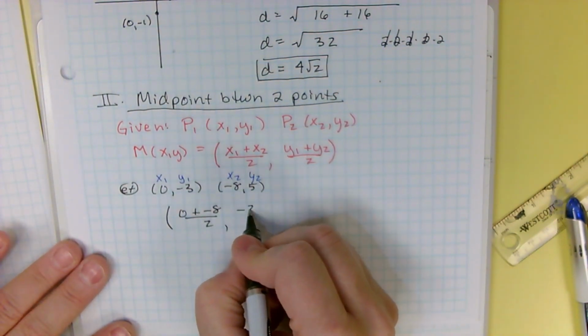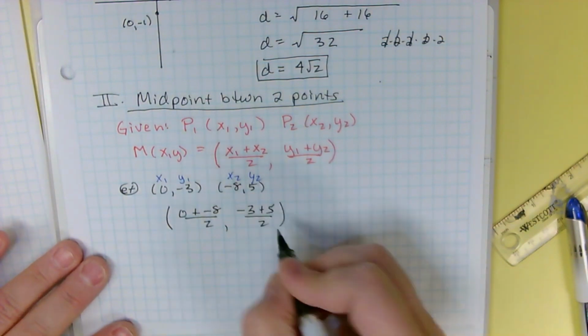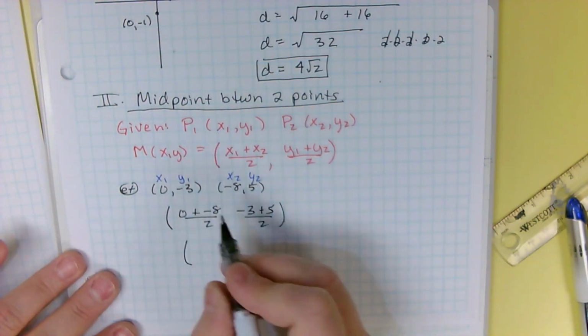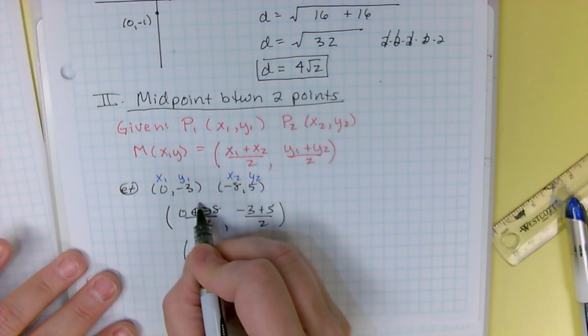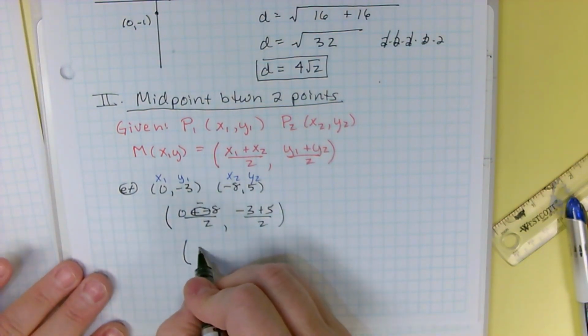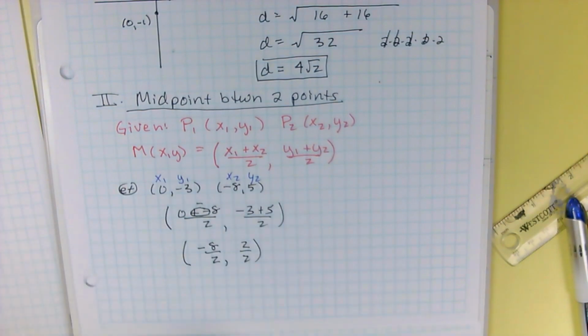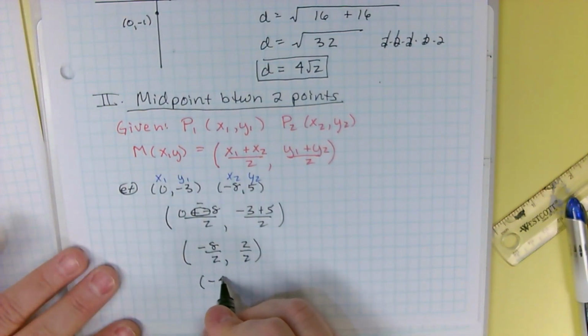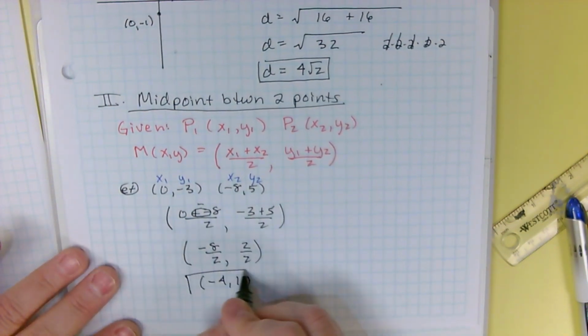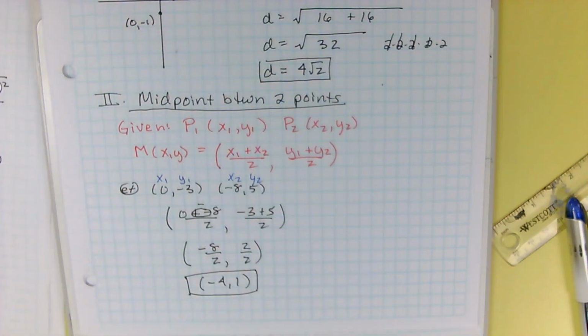Average of the y's, -3 plus 5 divided by 2. So simplifying this, a positive times a negative is a negative. So I have -8 over 2 and 2 over 2, which is -4, 1. And that is the midpoint in between those 2 points.